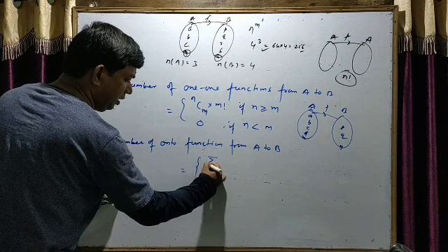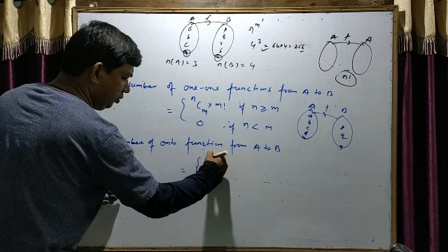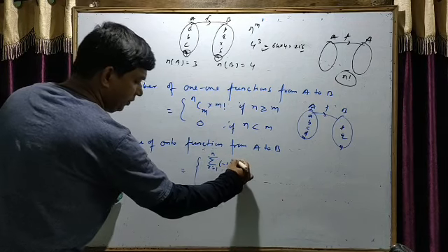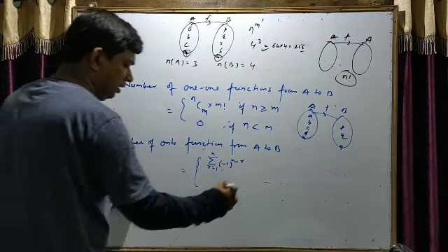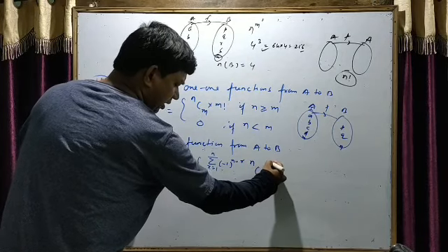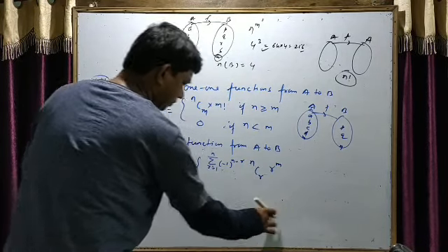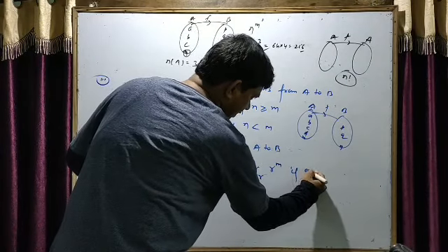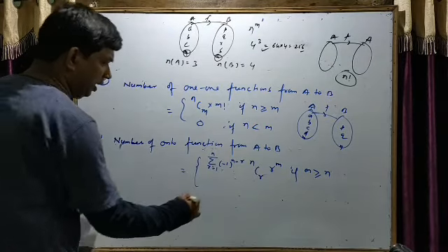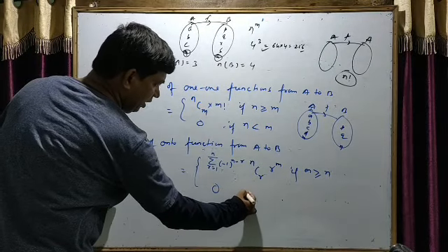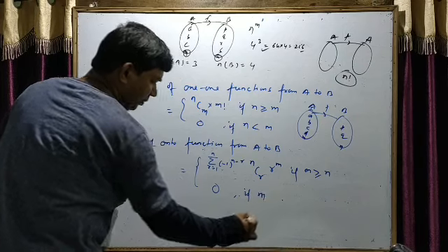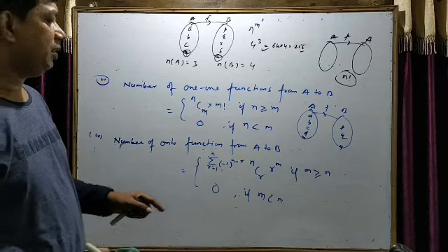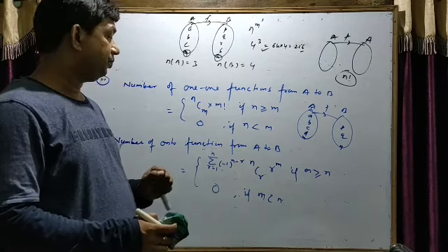The number of onto functions is the summation r equal to 1 to n of minus 1 to the power n minus r, nCr, r to the power m, if m is greater than or equal to n, and it is 0 if m is less than n.